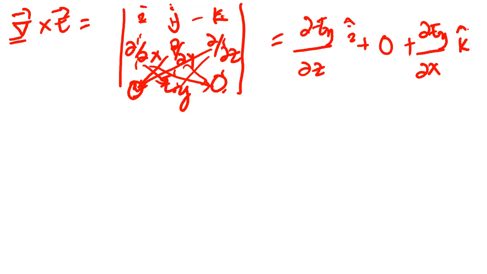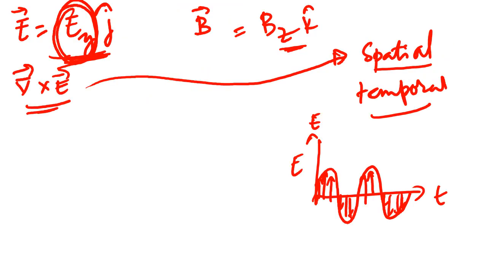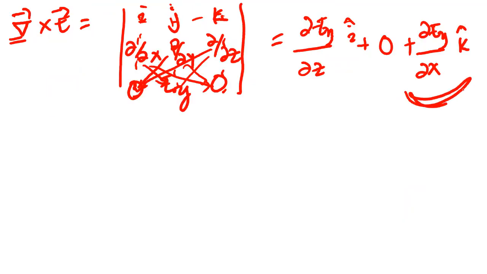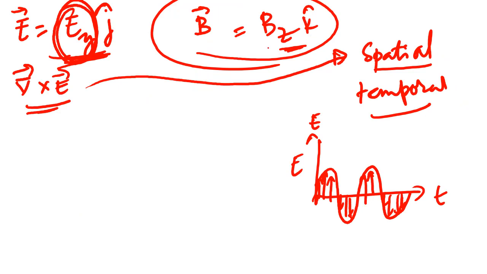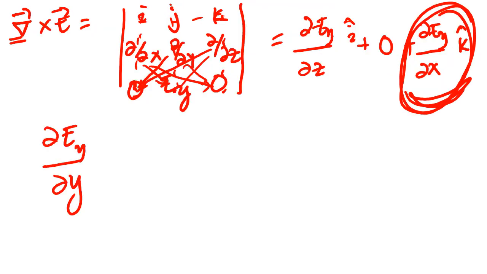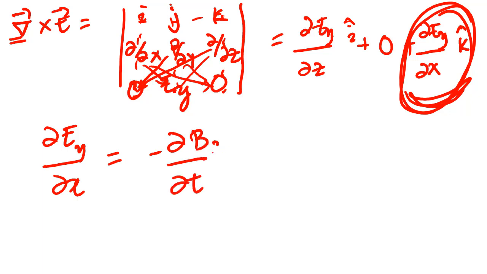But recall that we have chosen our magnetic field to be only along the k direction, so we're only considering a one-dimensional case. So in this case, we have dou Ey by dou x, which is the one that is along the k direction, like the magnetic field here. So this spatial variation in x is what is leading to minus dou B by dou t along z.